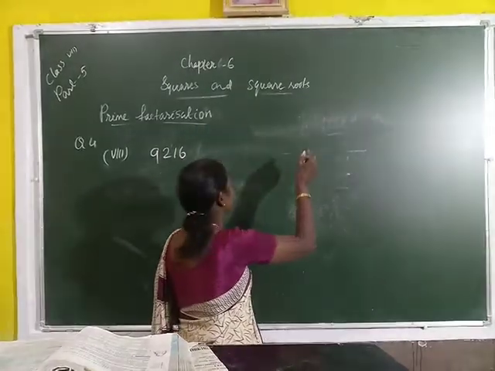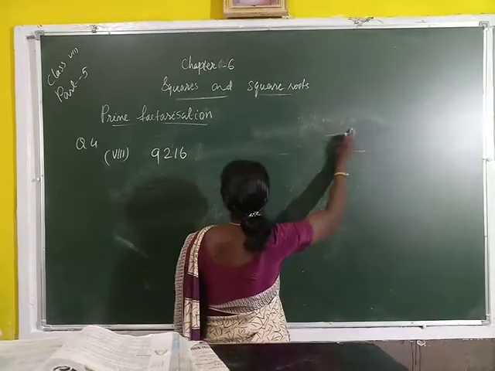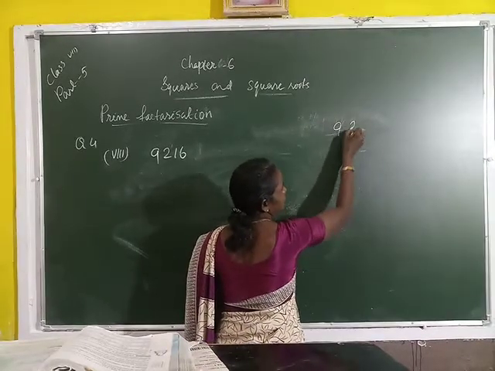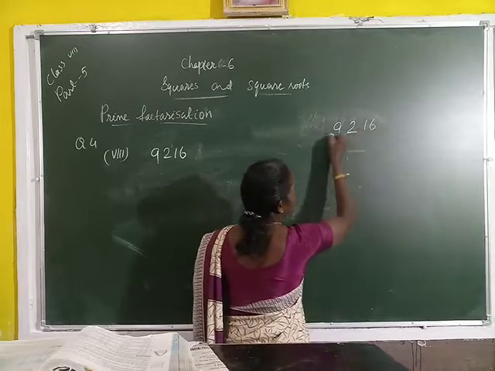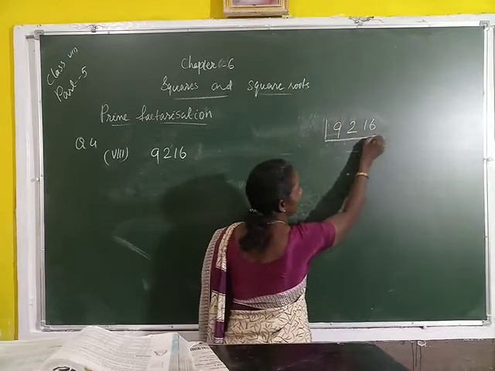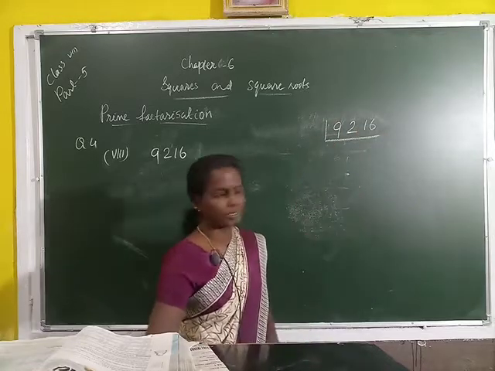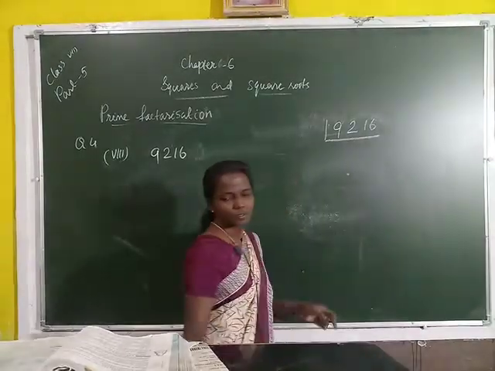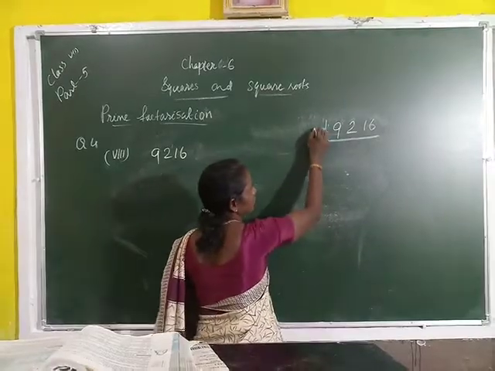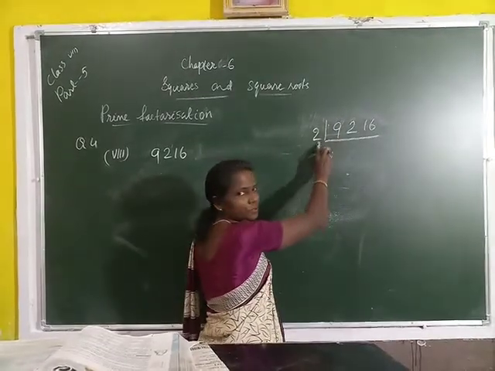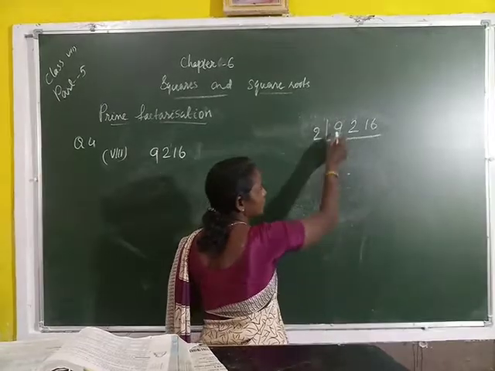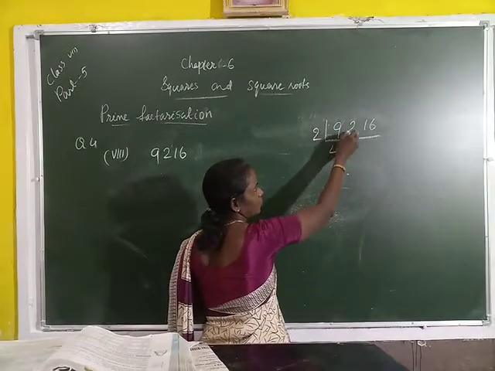That means this given number is divided by prime numbers. 9216. This is an even number, so we can divide it by 2. How many times does 2 go into 9? 4 times. 4 twos are 8. 9 minus 8 is 1. 1 and 2, 12.